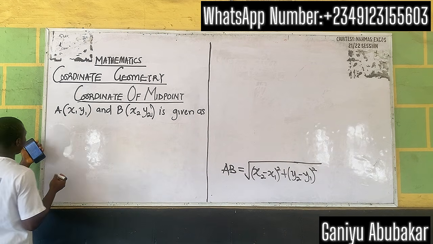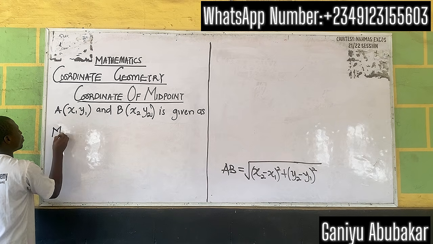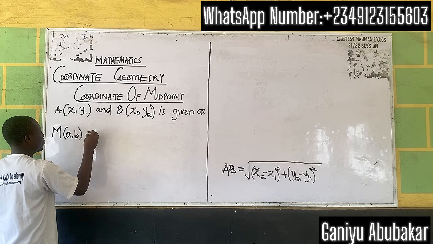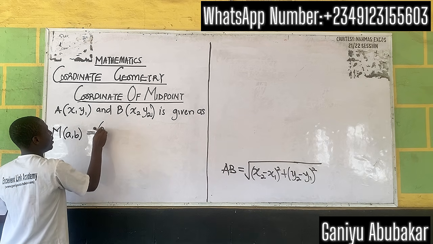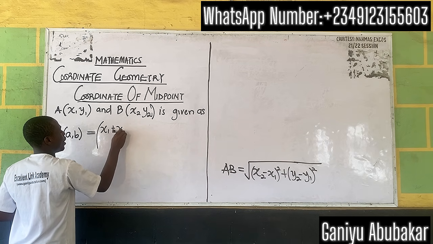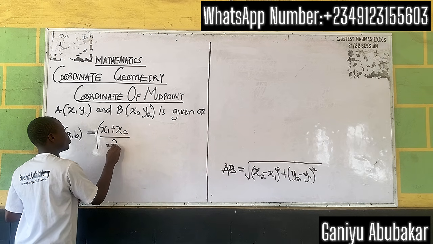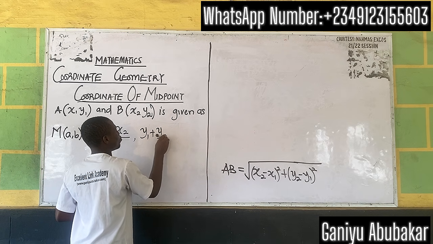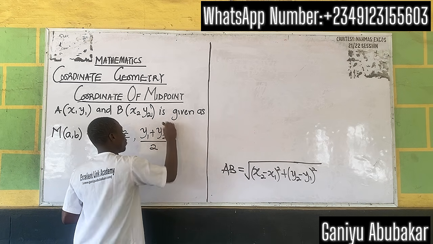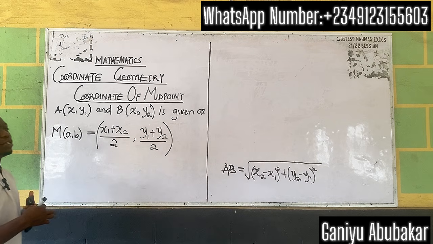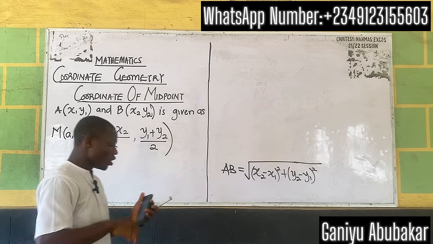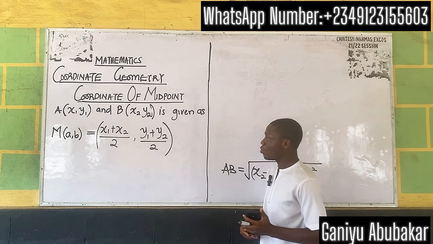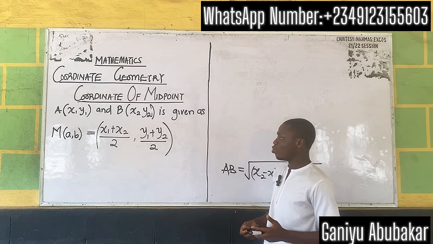The midpoint of A and B is given by the formula x1 plus x2 over 2, comma, y1 plus y2 over 2. When it comes to finding the midpoint of a line, the formula is given by x1 plus x2 over 2, y1 plus y2 over 2.